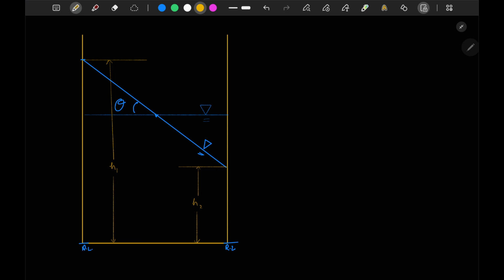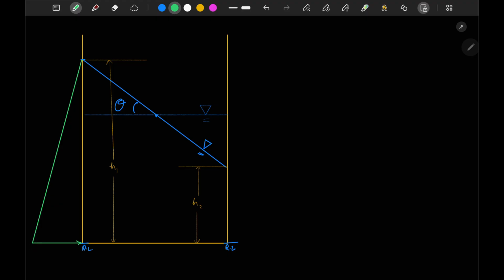If I talk about the pressure distribution on both sides, at this point the gauge pressure will be 0, and the pressure will keep on increasing. At the reference point, let's say this is your pressure.